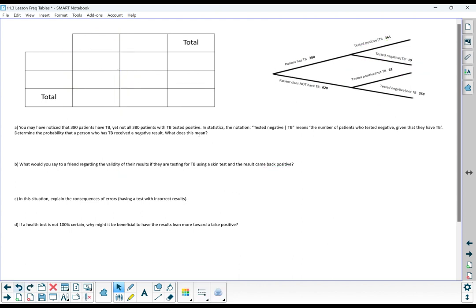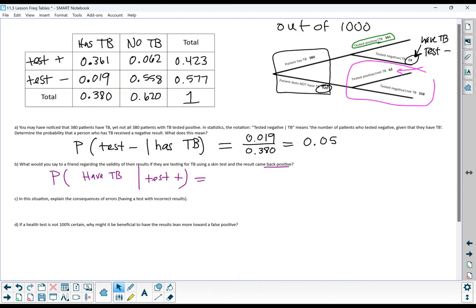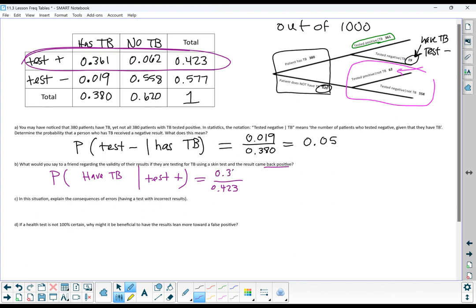The subgroup that we're thinking about are the people who test positive. So it's going to be out of 0.423, and of that group, the ones that have TB are 0.361. If we divide that, that's 0.85.